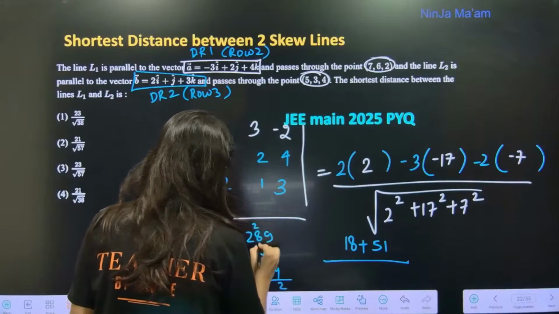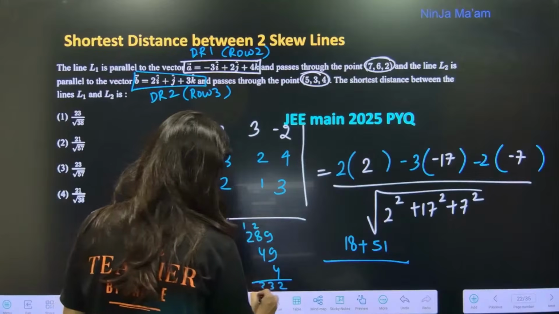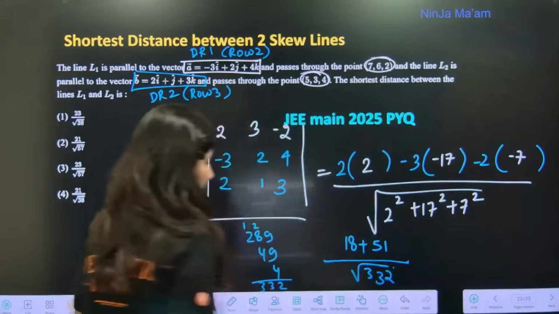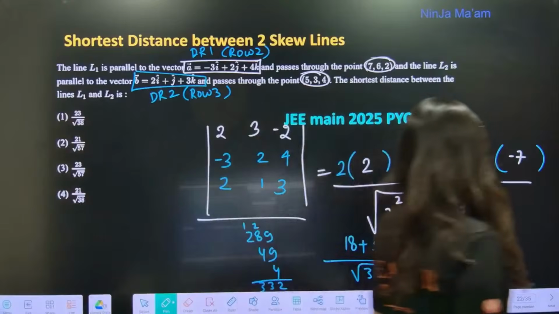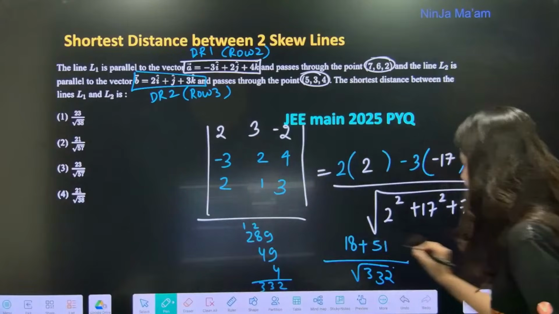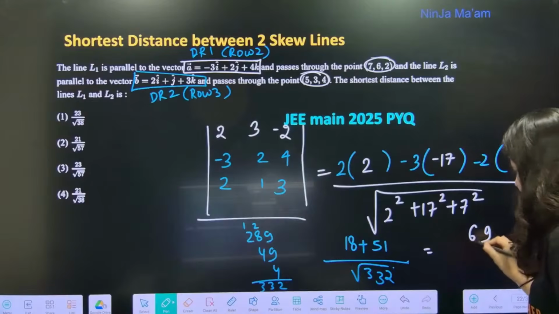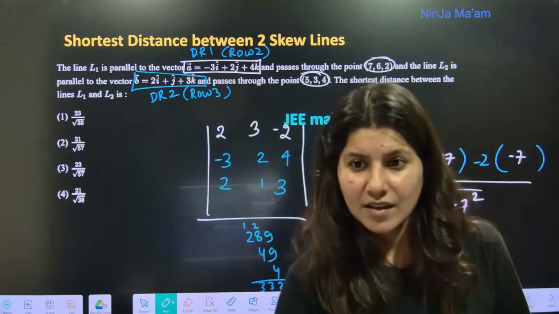Okay. So this is 332. It will be divided by 4. Have I done any calculation mistake? Let me check.